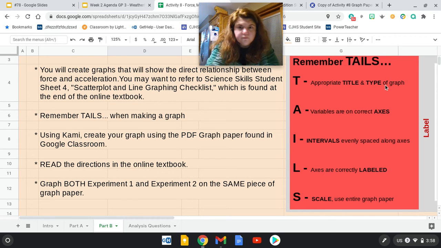Well, in the book, it already told us that the type of graph that we're going to make is a line graph because we're showing the relationship. The title, it just told us what the title was, is that you're going to title it acceleration versus force.